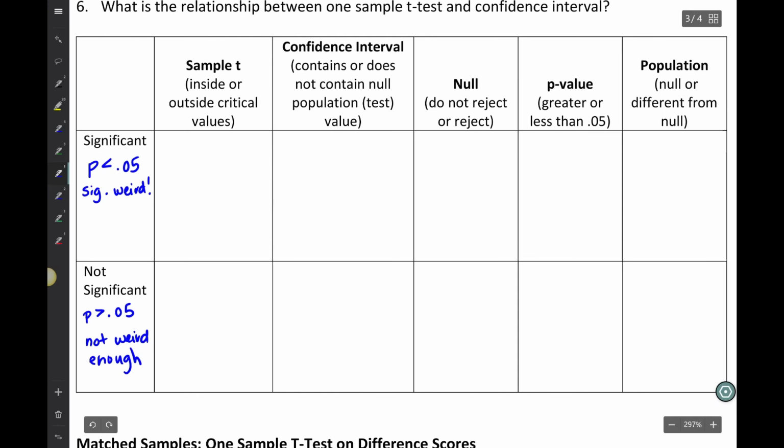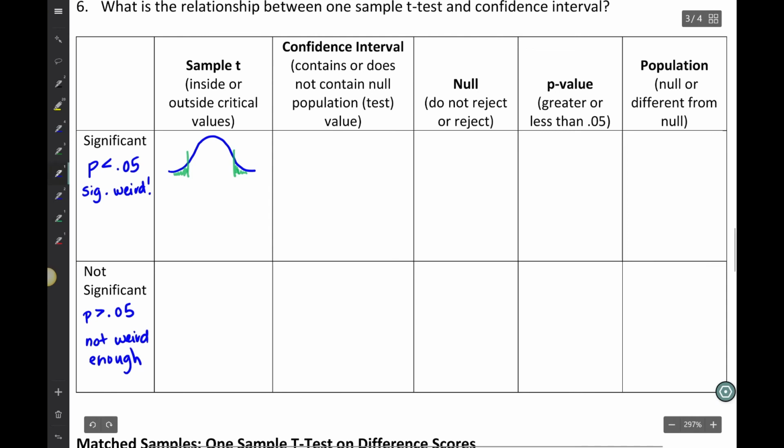So here, sample t. Keep in mind, it's asking, is it inside or outside the critical values? Our critical values are the ones that cut off our rejection regions in our tails. So my sample t, if it's significant, would it be in the inside do not reject region, or would it be in the outside reject region somewhere?